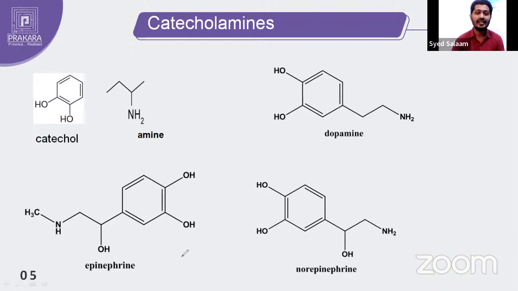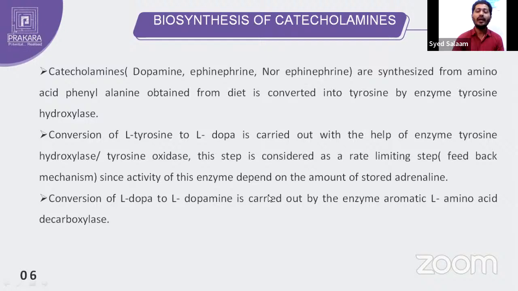How they are synthesized, let us see. Biosynthesis of catecholamines. These are synthesized from phenylalanine, a non-essential amino acid, which is obtained from the diet and is also present in our body. It is first converted into tyrosine, then tyrosine gets converted into levodopa.